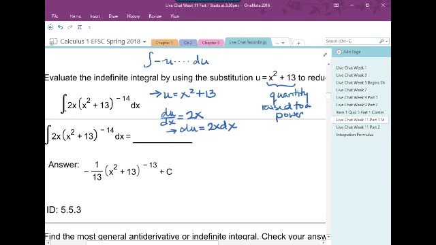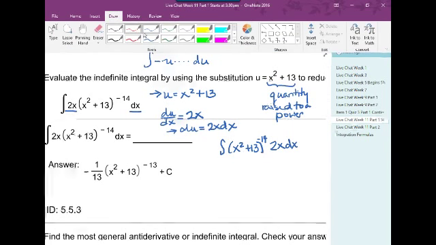And notice that right here and here, we have a 2x dx. I'm actually going to rearrange this integral just to make it clear, because it's very important that when you try to do a u substitution, your du appears in the integral. So I want you to see that it does. The order in which we multiply real numbers doesn't matter, so this could have been arranged like this.